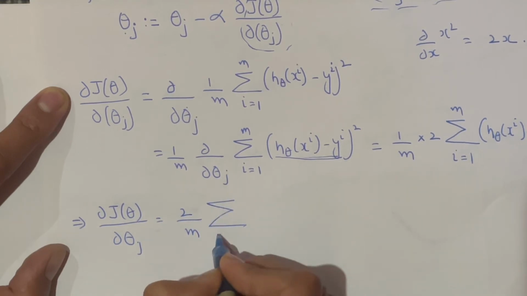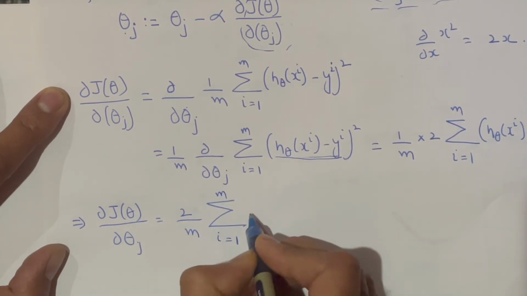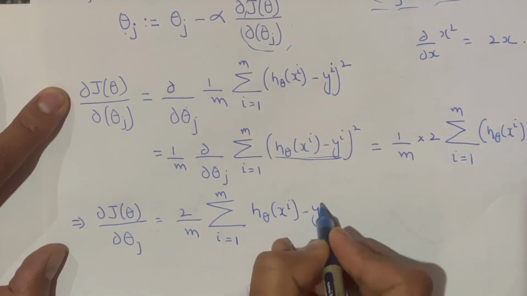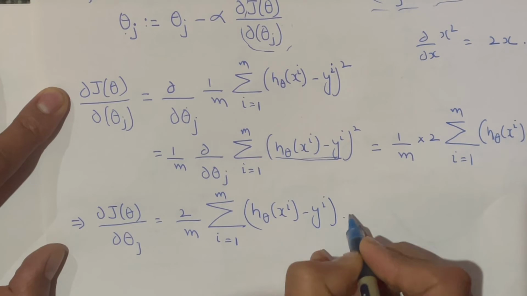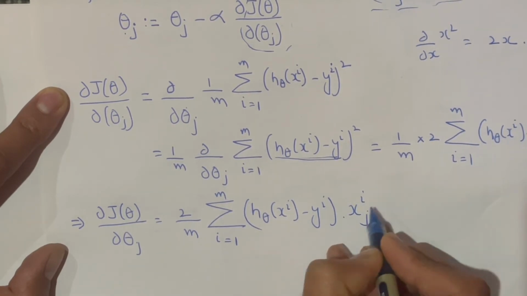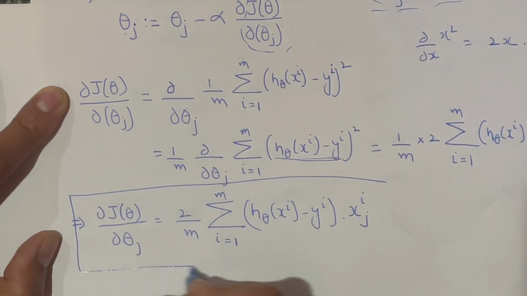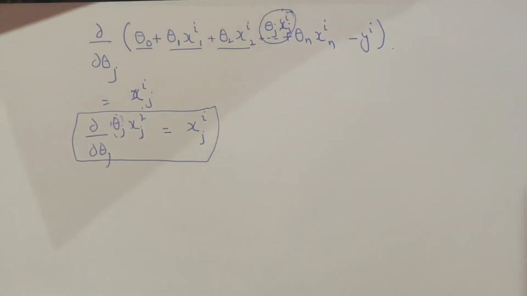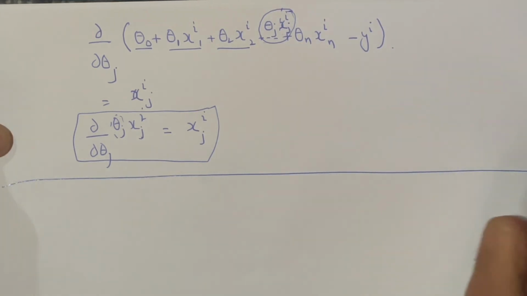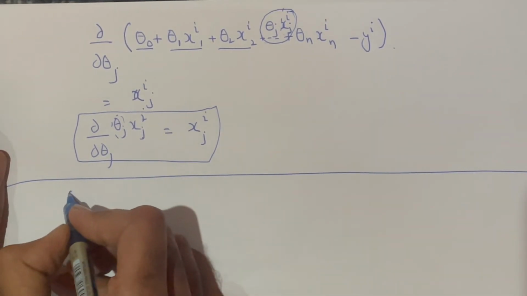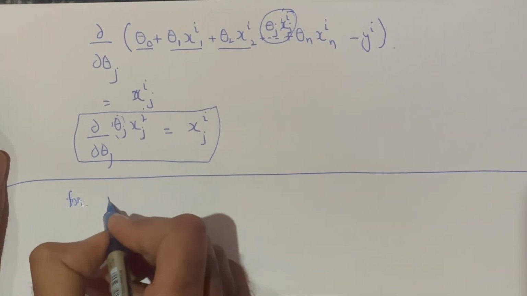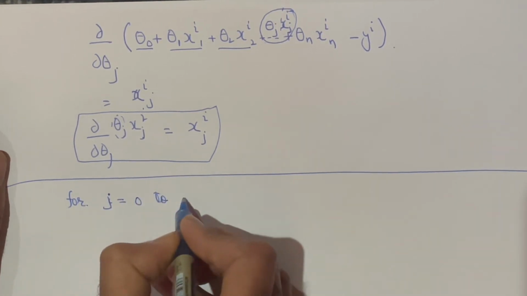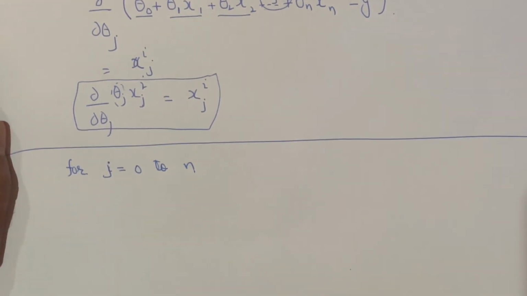summation i running from 1 to m h of theta xi minus yi into xij. So this is our, so what was our updation rule? So you can see our updation rule was for j running from 0 to n, because we have to do it for every theta.